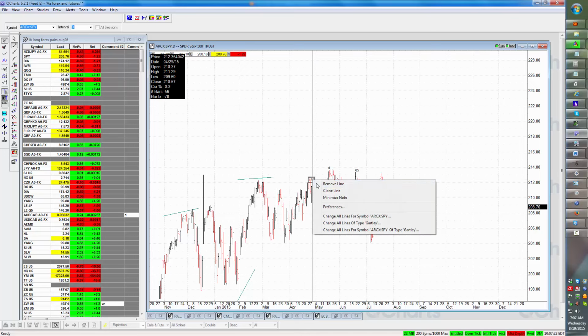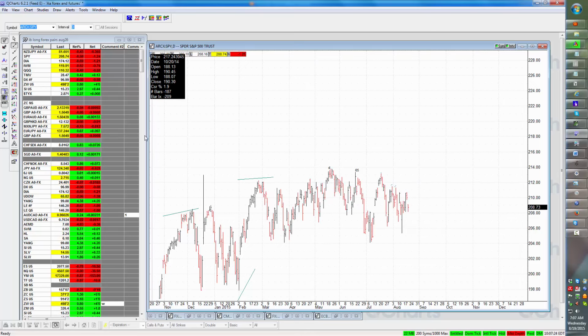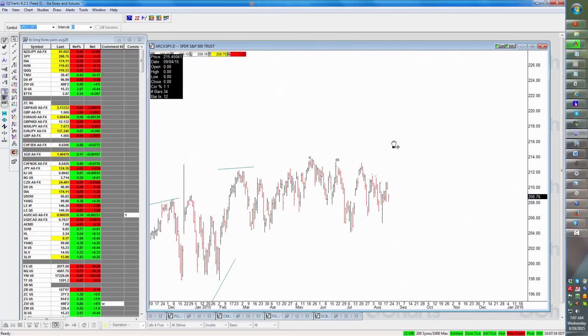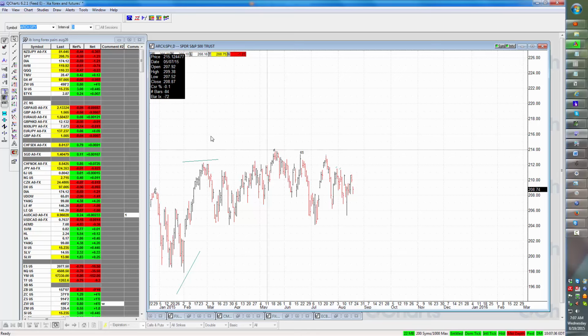So what I generally do is look for min one pivots, and in stocks or stock related items, what you'll find is quite often that min threes are extremely useful. Let's take a look at min threes. With min threes, we simply have a minimum of 3 bars in between each high and each low.